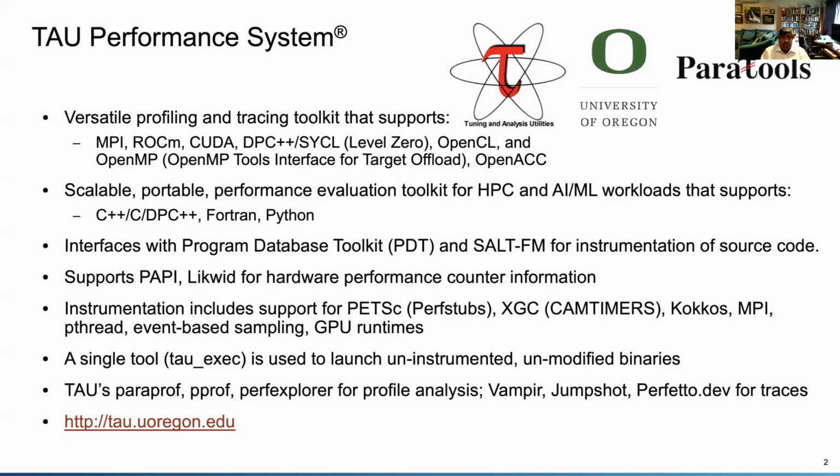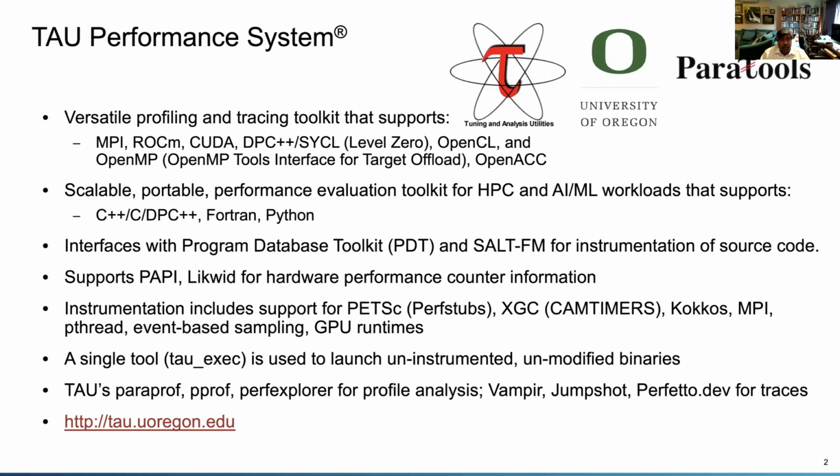And if your application is using some timer library where you have your own start and stop calls, whether they come from perf stubs or 5prof or cam timers or Kokkos, you will see that Tau can understand those timer calls and automatically generate the start-stop calls for the Tau instrumentation. And you'll be able to view the performance data at the same level of abstraction that the developer intended.